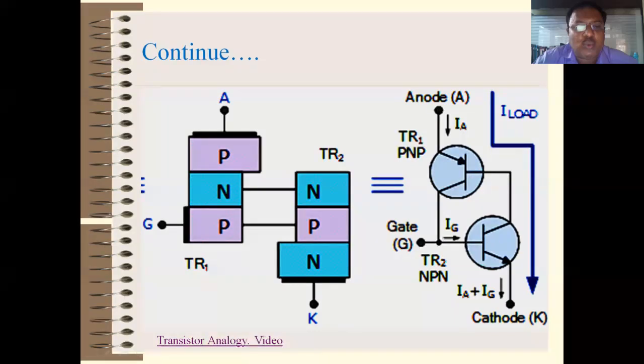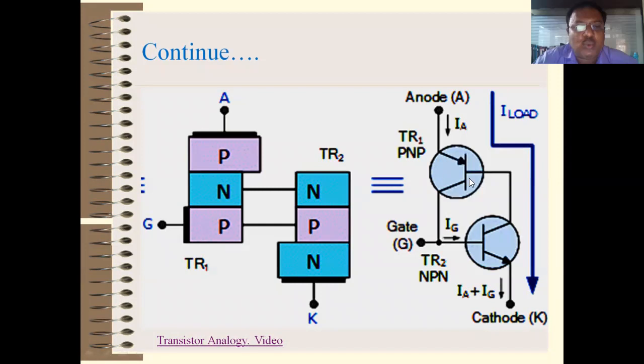So exactly what happens, the base current of one transistor is the collector current of another transistor, right? In this way, the base current of transistor T2 increases, which will turn on transistor T2 completely. Automatically transistor T1 also turns on completely.